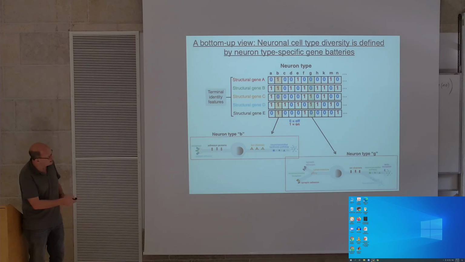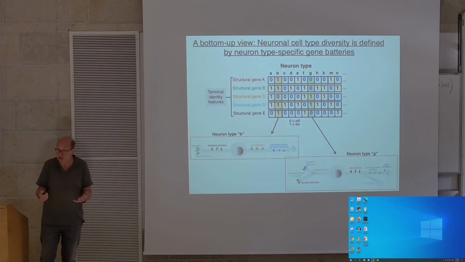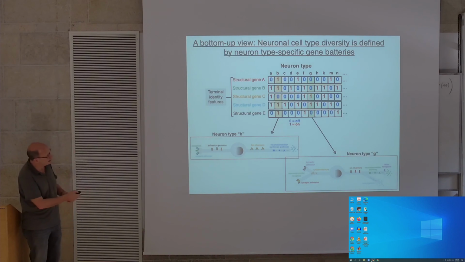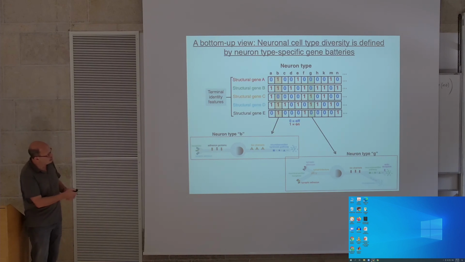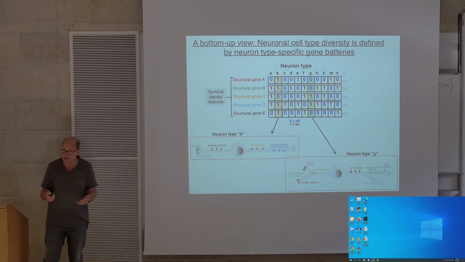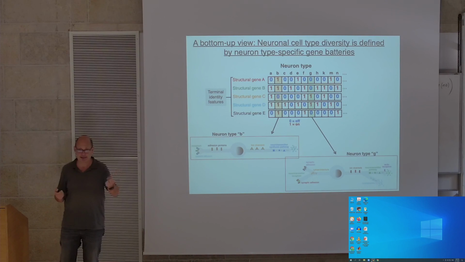And I'm simplifying that here in this manner, which really lays down the very simple questions that we need to understand. We need to understand what exactly are all the genes that are expressed in an individual neuron type to endow it with its specific functional and structural features. And from the perspective of genes, we need to understand how the expression of individual genes in the nervous system is regulated. As I'm sure you all appreciate, there's no such thing as genes that are expressed just in one neuronal cell type and nowhere else.